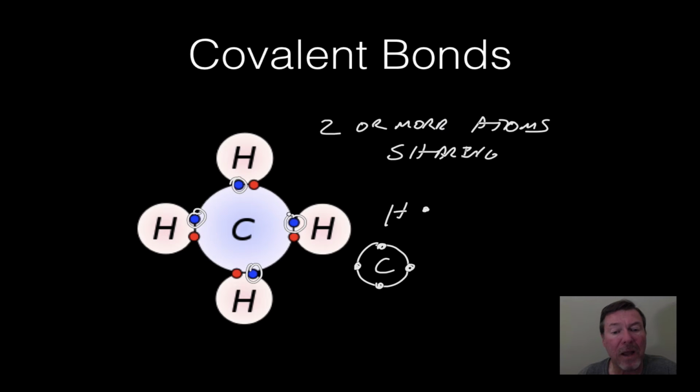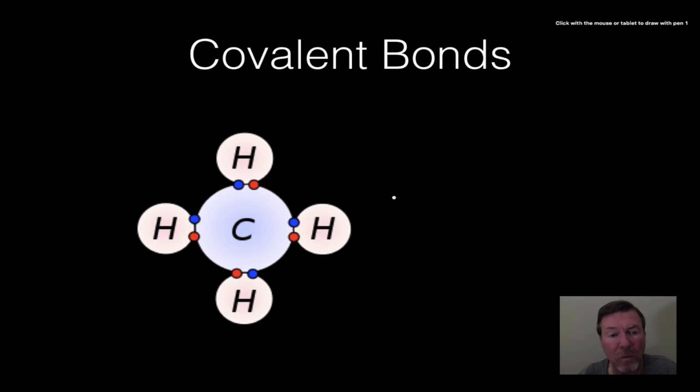So the carbon now has 8 on the outermost ring. Well, hydrogen wants 2, so carbon is actually sharing electrons with the hydrogen, and the hydrogen now thinks that it has 2 in its ring. So covalent bonds are the sharing of electrons. Going over it one more time: this hydrogen has 2, this hydrogen has 2, this hydrogen has 2, and this hydrogen has 2, and the carbon has a total of 8, or it thinks it does.